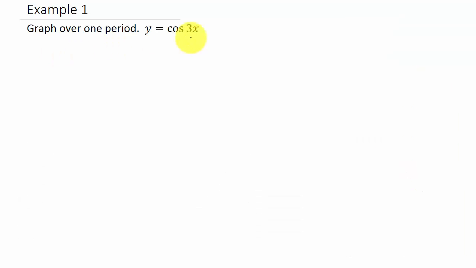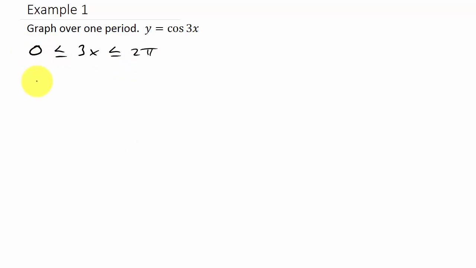We want to graph this over one period, y equals cosine 3x. The way that we want to graph it is, whatever we're taking the cosine of, in this case 3x, we want to set up an inequality. We put that between 0 and 2 pi.